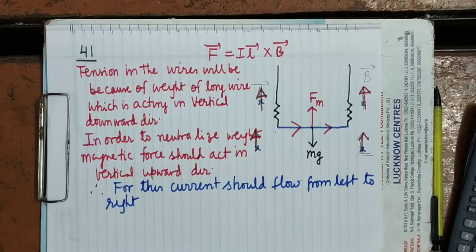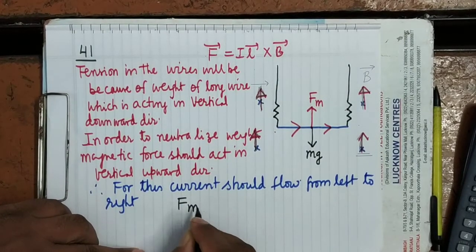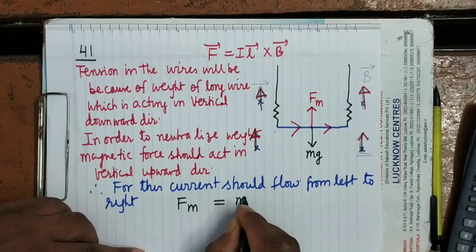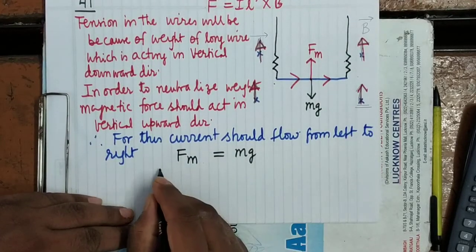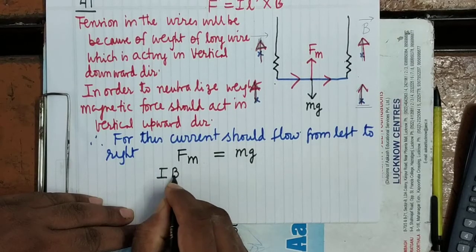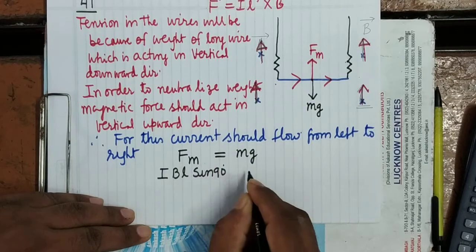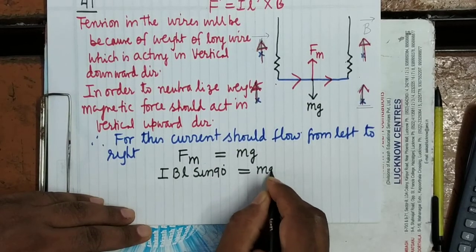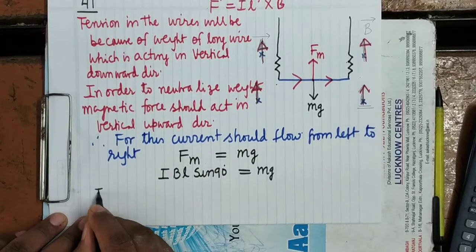So here Fm equals m into g. Fm means magnetic force. What will be the magnetic force? It will be I B L sine 90 degree equals mg. You substitute the value. I you have to find.